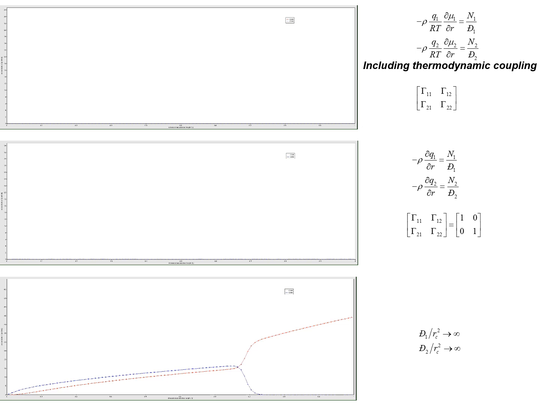And only when propene is eluted does propane exit the column. So we see that the separations that are based on differences in diffusivities require us to take proper account of thermodynamic coupling effects for good separations to be achieved.